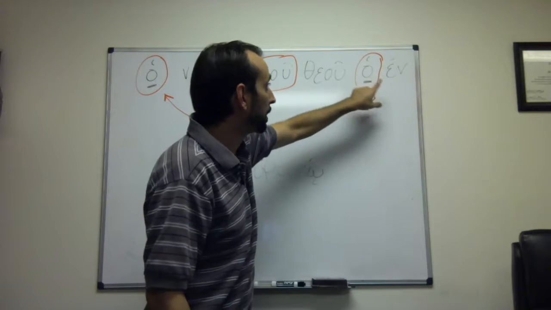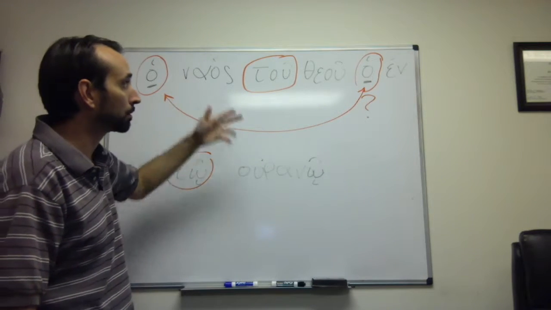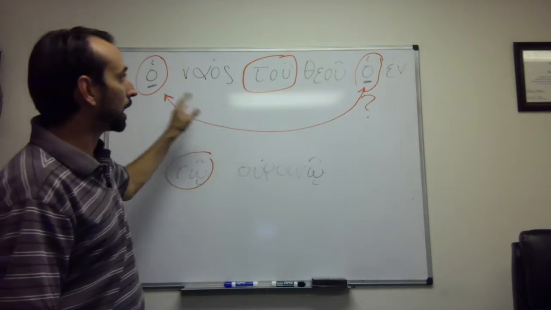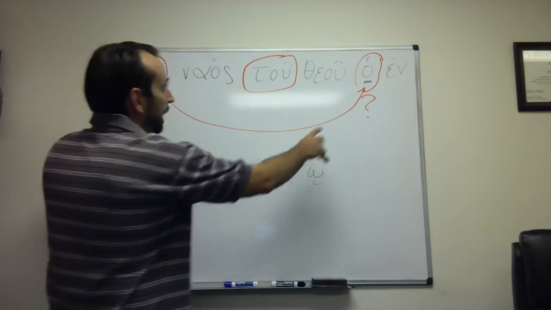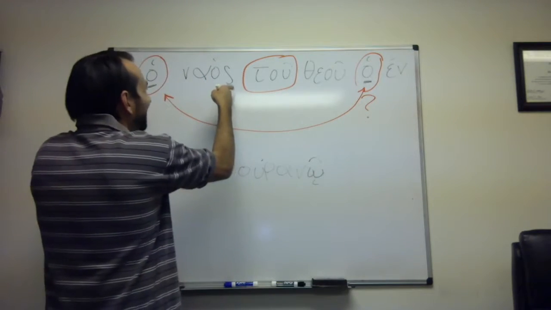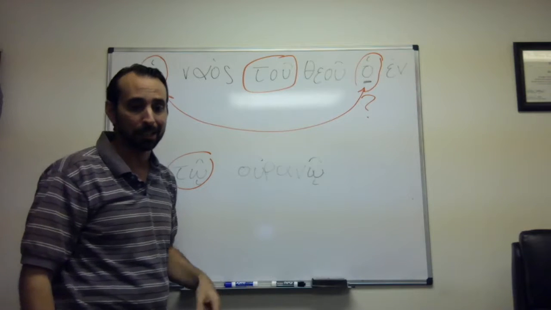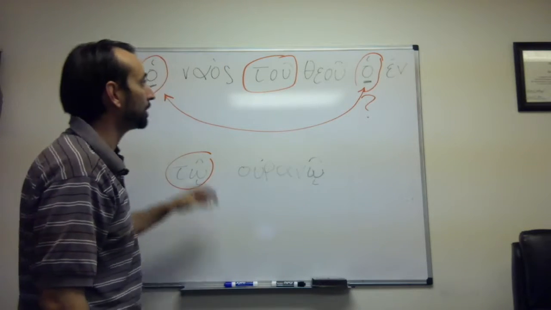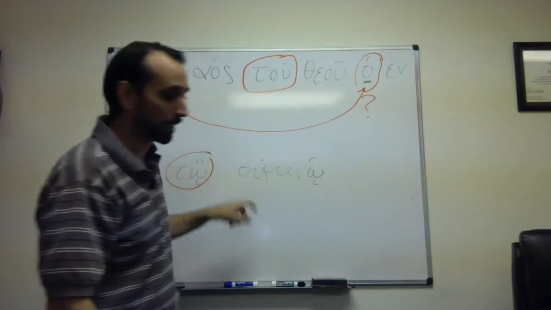And I can just skip this and go in the heaven, or in the heavens. The temple of God in the heavens. Or I can say, which is in heaven, trying to make sure you understand that what's in heaven is the temple. This is interesting. The temple of God, which is in heaven. So what's in heaven is the temple, because the temple is what's being repeated and connected with this phrase.